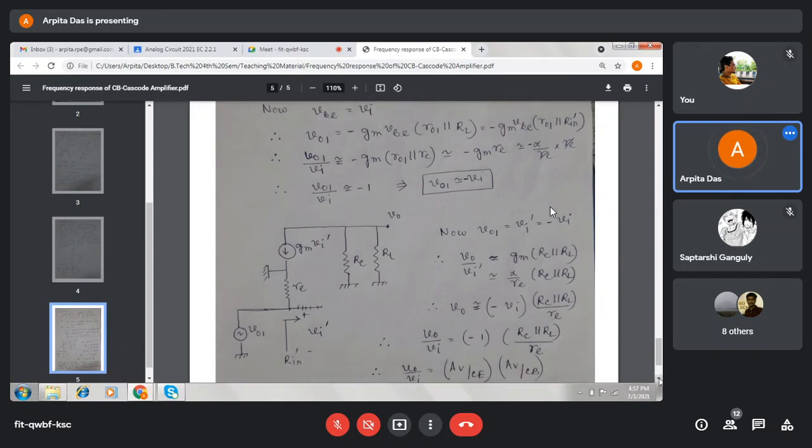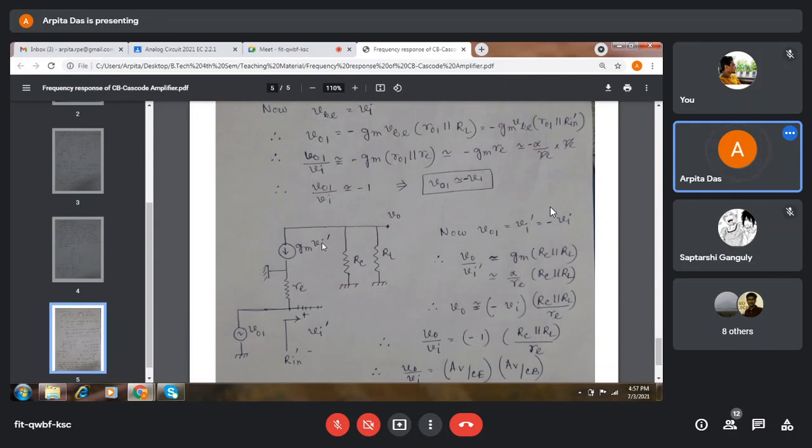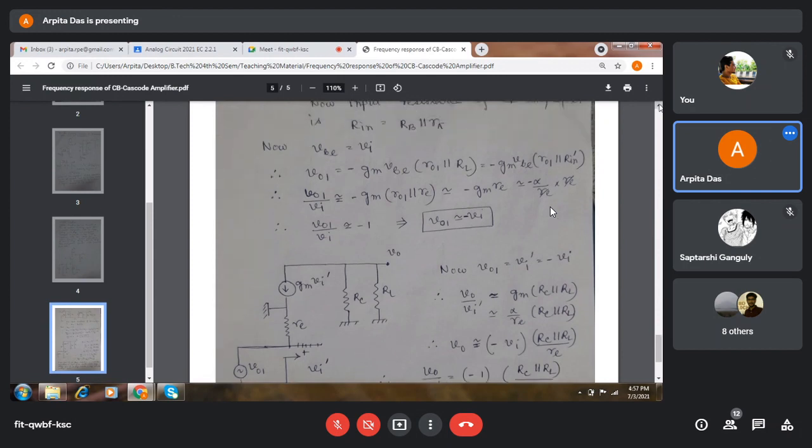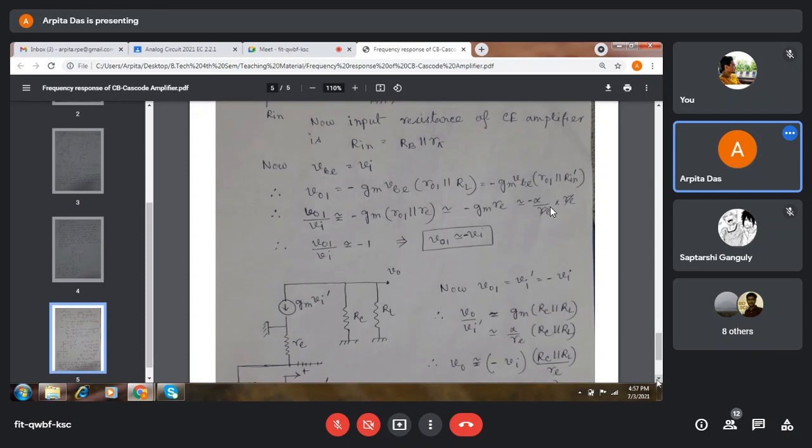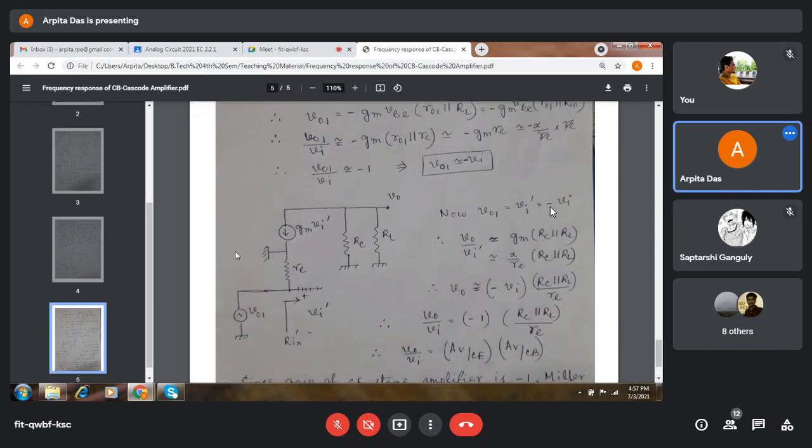Now what will happen in the second stage? The second stage amplifier is the CB amplifier. And now what will happen in case of the CB amplifier? We know that VO1, this signal, is now acting as the source signal of this CB stage amplifier.